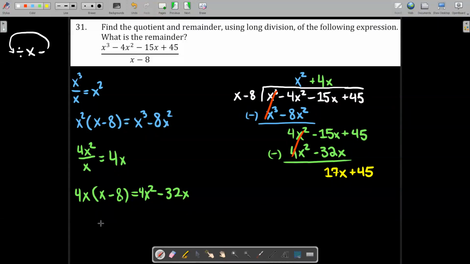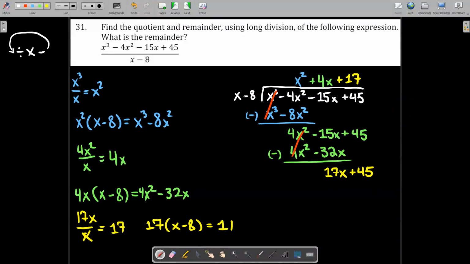The short division step is the 17x divided by x. We get 17. That goes up here in the quotient, so plus 17. Then we multiply 17, I'll do it right here, 17 times x minus 8, hippity-hoppity.